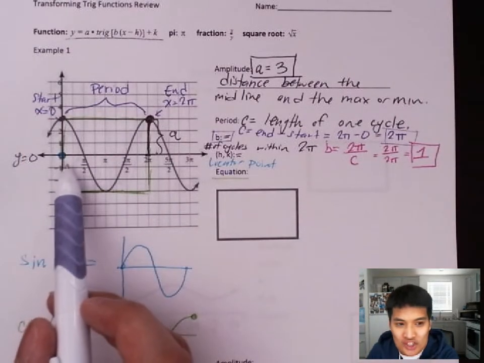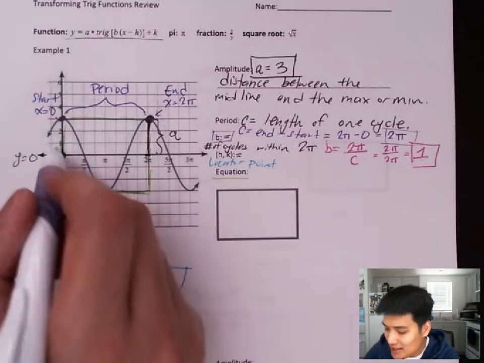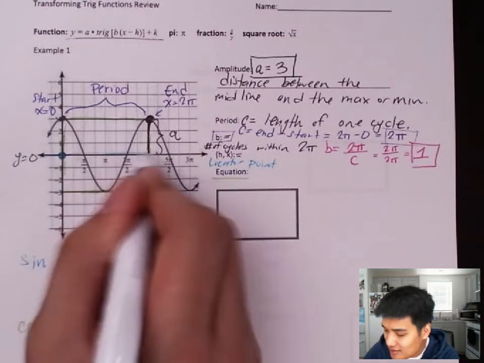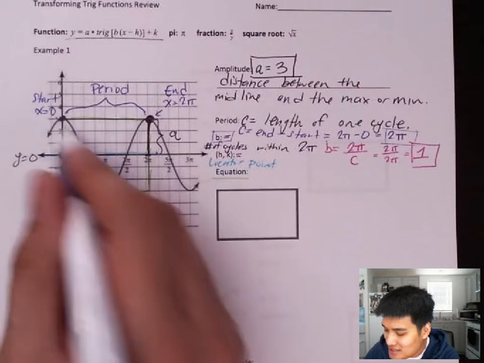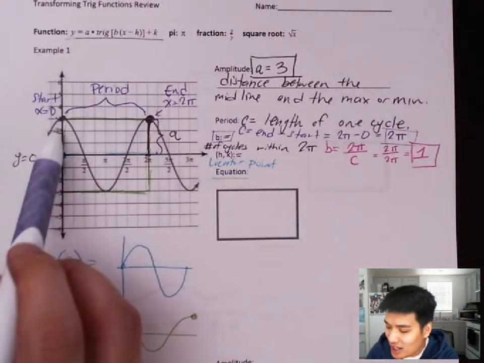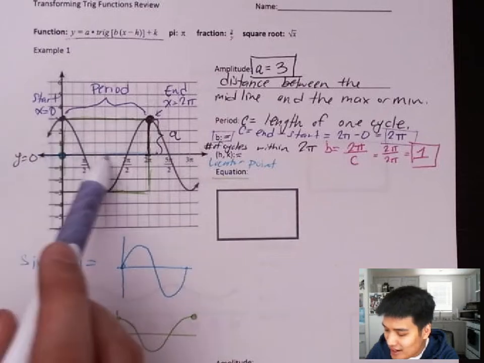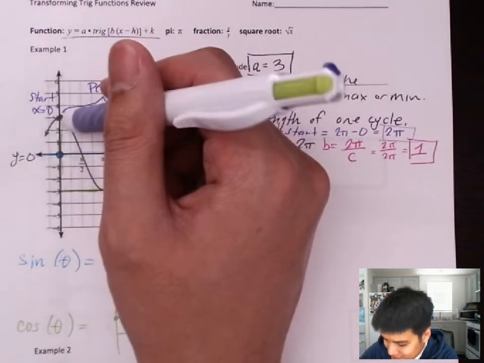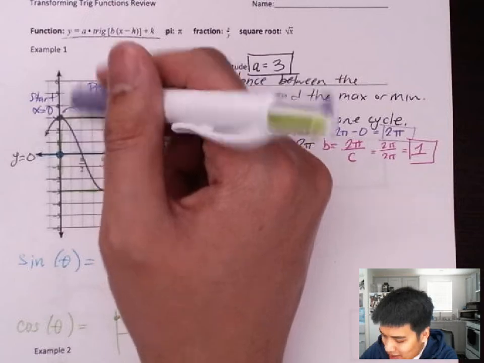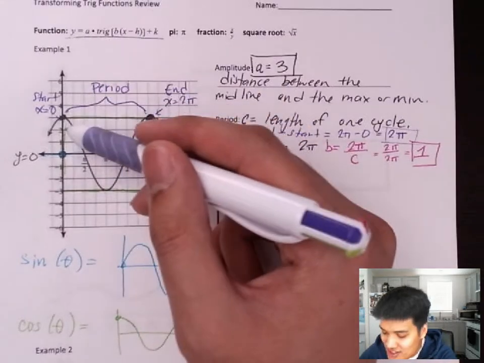So it's the intersection between the midline, which is of course the line in between the maximum and the minimum, and where exactly we start here.